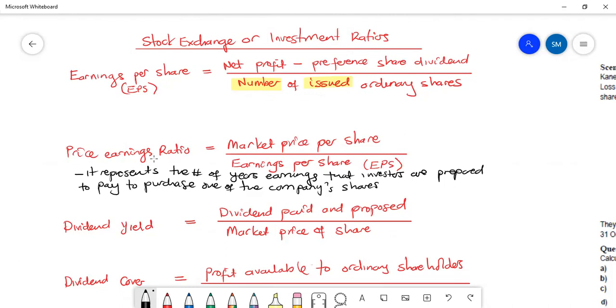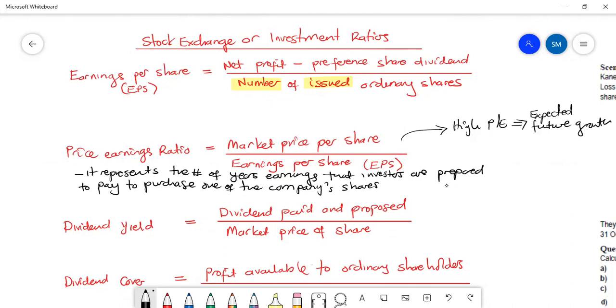Okay, so we said that a high PE ratio indicates expected future growth, or an overvalued share.